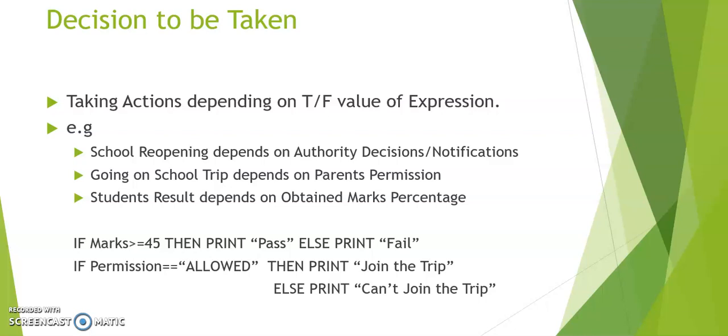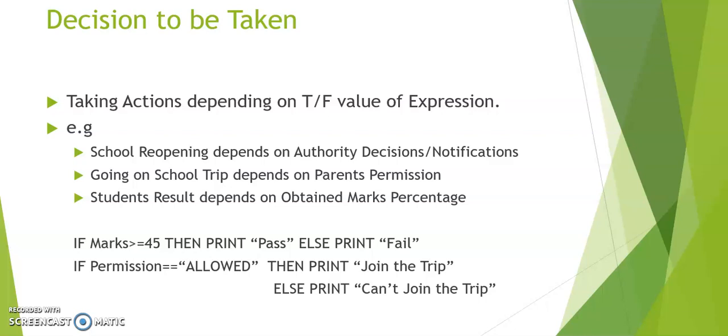Then going to a school trip depends on parent permission. If your parents allow you to go to a school trip, then you will go. Otherwise, not. So, going to a school trip is an action which depends on the true or false value of your parents' permission.